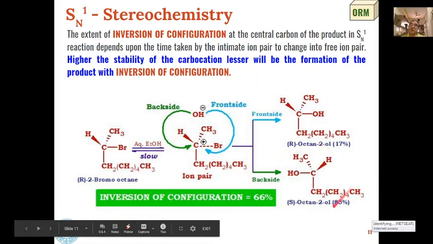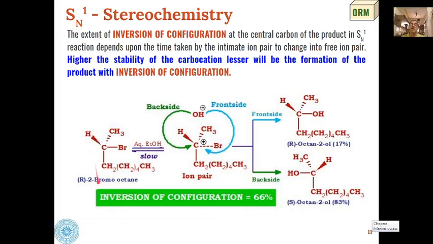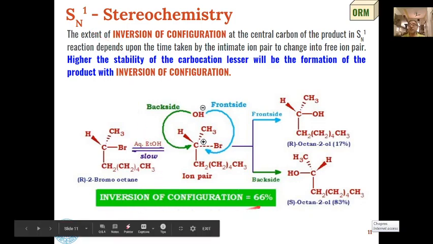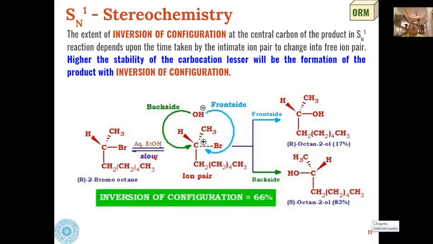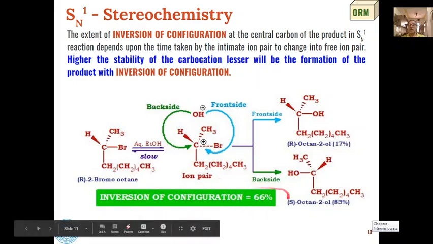There should have been complete inversion of configuration if the reaction has taken place by SN2 type of reaction. But in case of SN1, there is some inversion of configuration. Inversion of configuration is 66% in the present case. And if the same reaction takes place by SN2, then the inversion of configuration is always 100%.